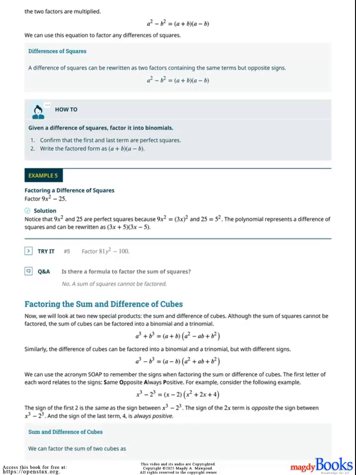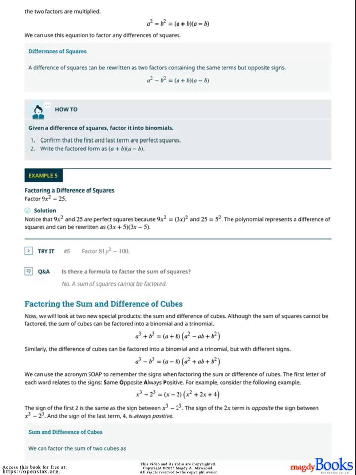Example 5. Factoring a difference of squares. Factor 9x squared minus 25. Solution. Notice that 9x squared and 25 are perfect squares because 9x squared equals (3x) all squared, and 25 equals 5 squared.